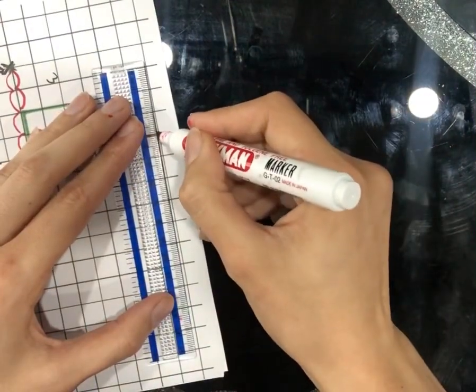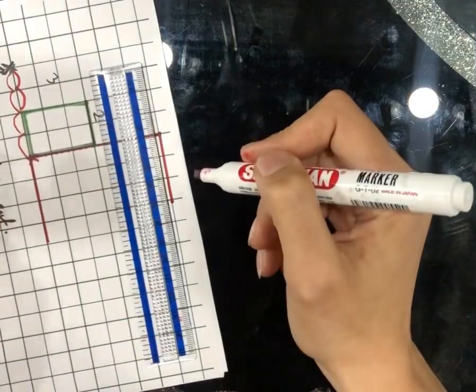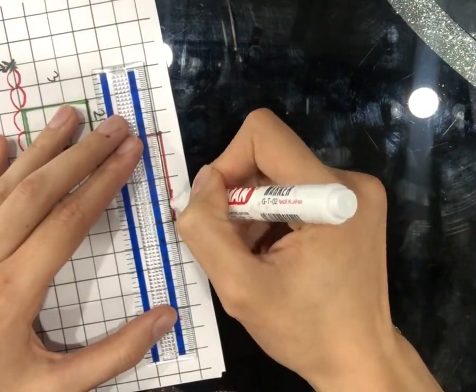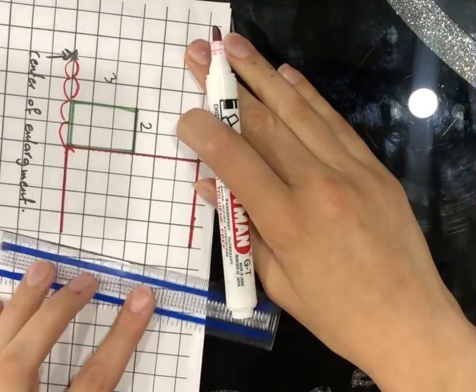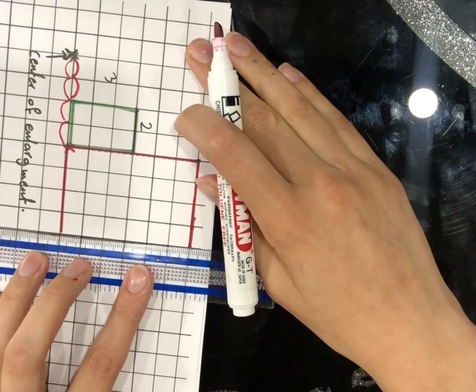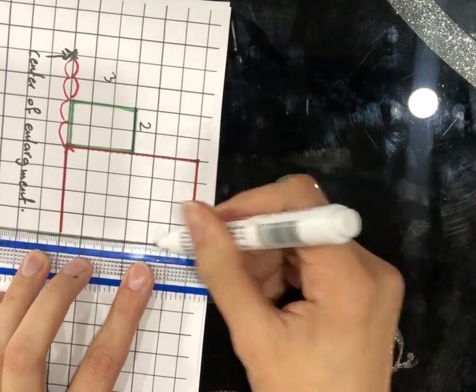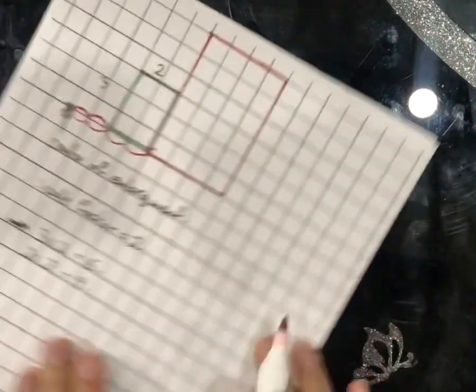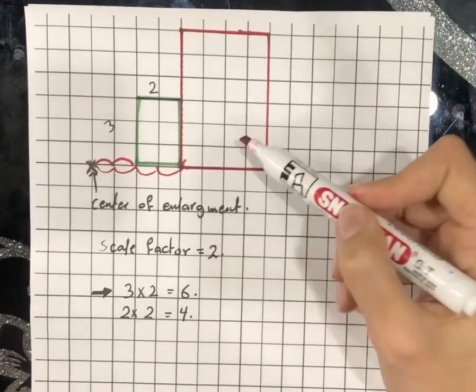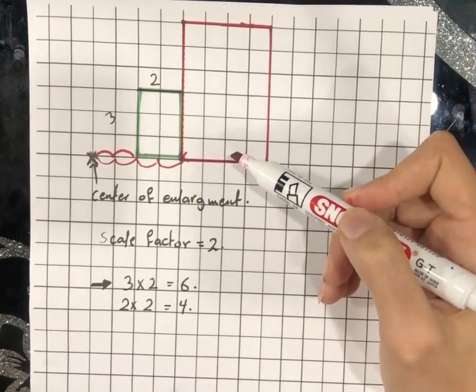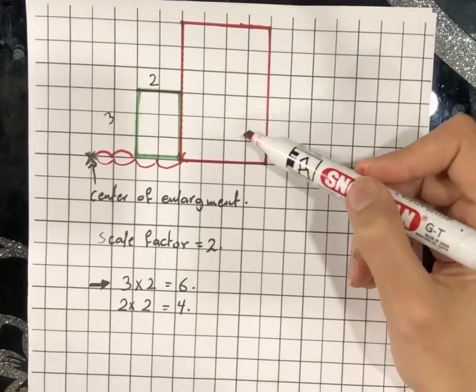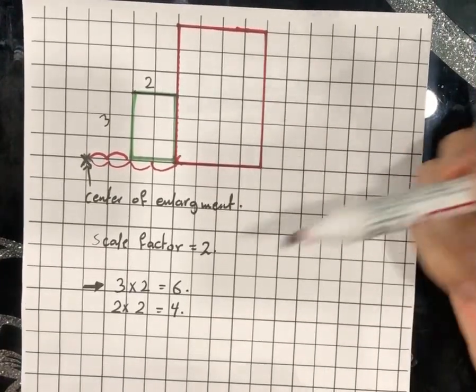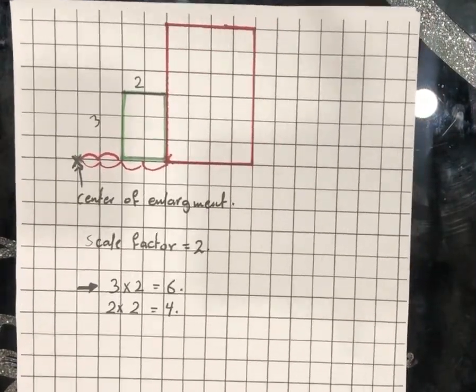And I will complete my rectangle. Now, if you notice here, this is called my shape. This is called the image after enlargement. We took into consideration the center of enlargement and my scale factor.